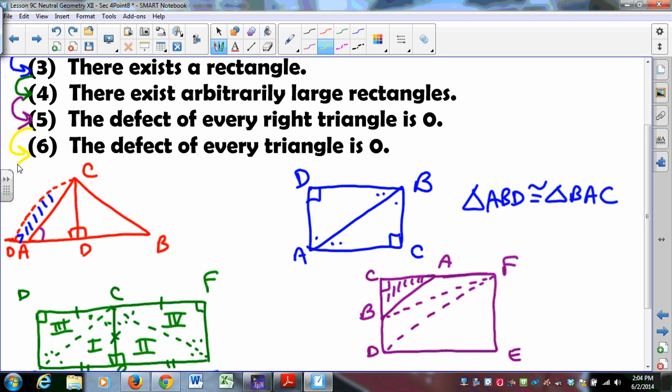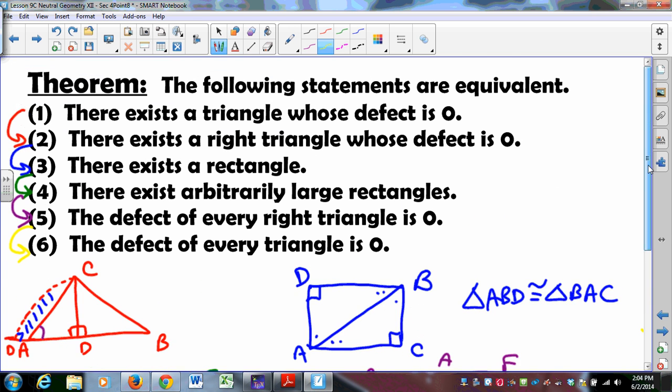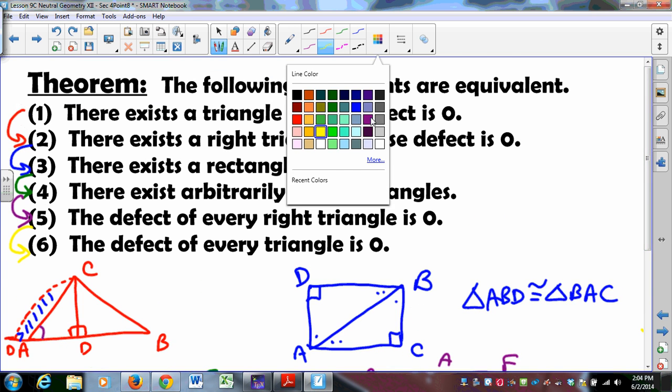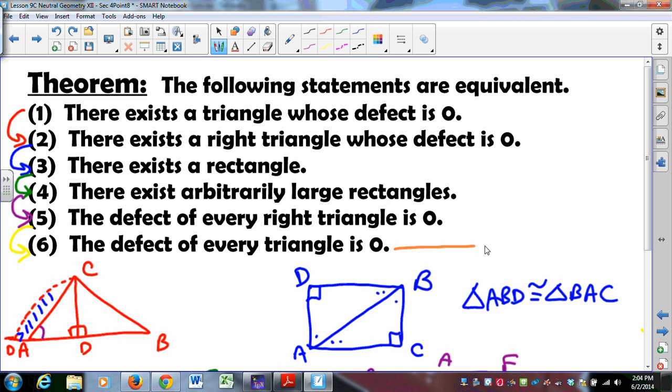So no matter what triangle I have, I can divide it into 2 right triangles, both of which have defect 0. And then it should be fairly obvious that if every triangle has defect 0, then there is one whose defect is 0.